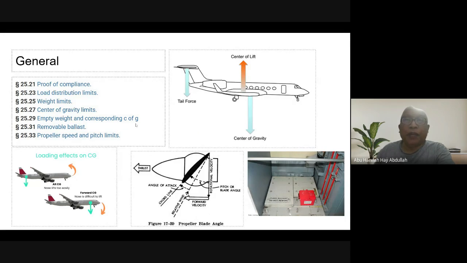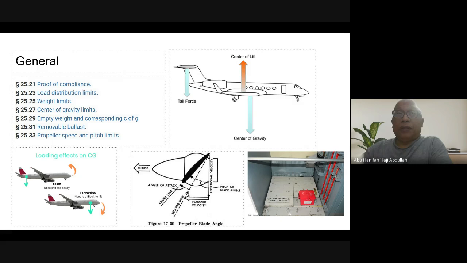For any modification or repair, you still need to do the weight and CG analysis. You weigh and calculate the new CG, but if you're not designing a new aeroplane, you need to make sure that the CG you come up with after the mod or repair is still within the range the aircraft is designed to.